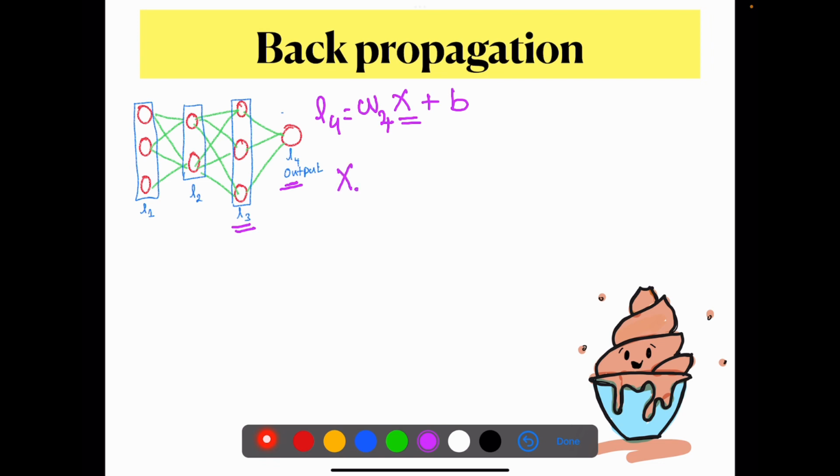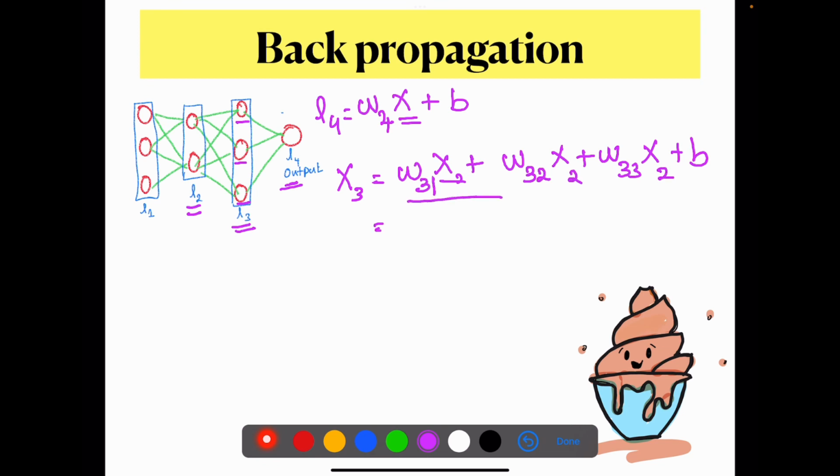So X3 is equal to, it has 3 neurons, so each neuron will be like W31 X plus W32 X plus W33 X plus a bias. Again, this X is coming from L2 input. So let's consider that as X2.